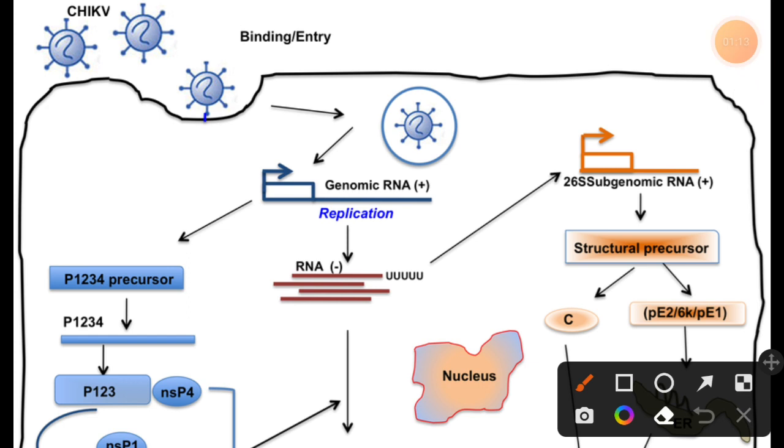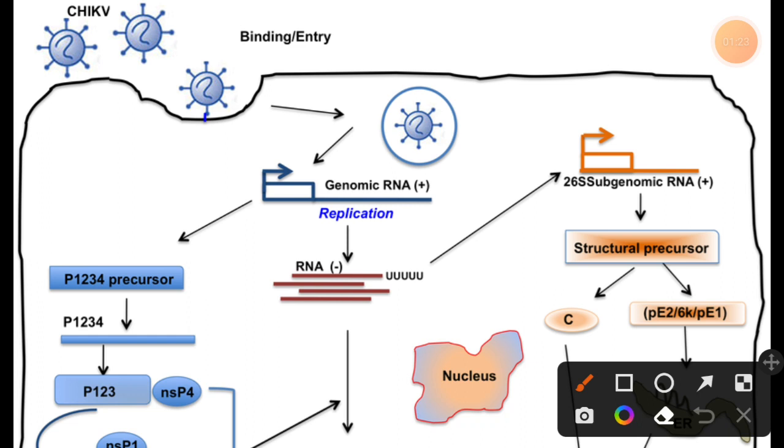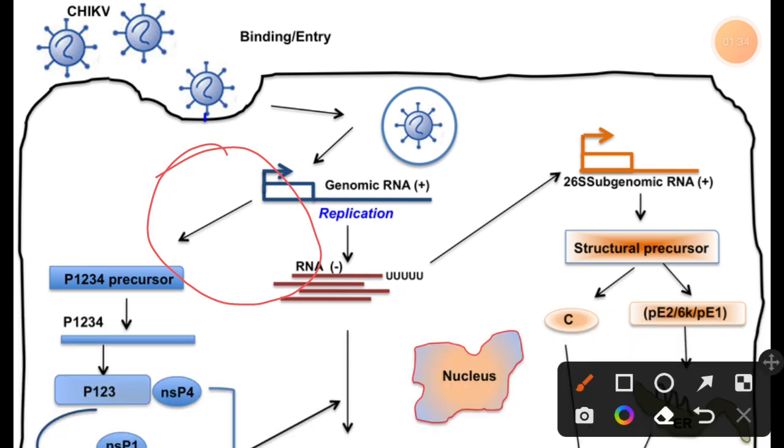Chikungunya virus can be found in Africa, Asia and India. So let's discuss the structure of Chikungunya virus diagrammatically. I have told you that it is an enveloped virus, and in the envelope there will be two proteins.